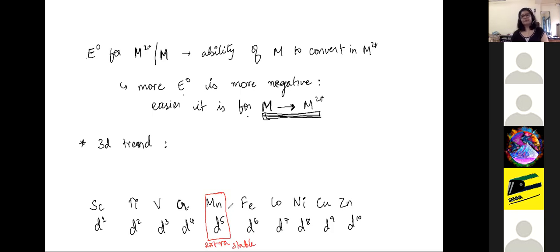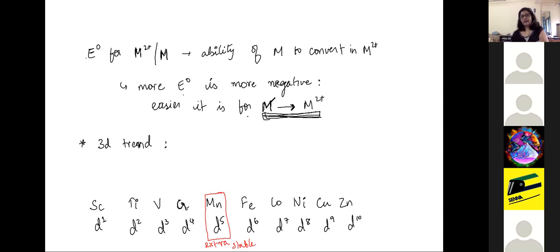And apart from this, another main thing that you need to consider is that when you're calculating the standard electrode potentials, the calculated value is taken in aqueous solutions.